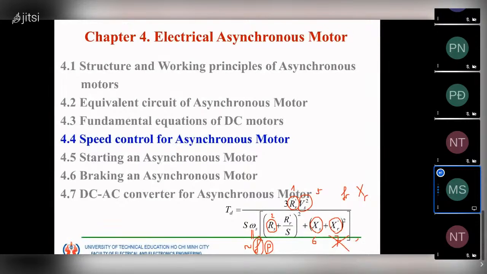So at the first time of change in speed, the rotor reactance is not a constant. So you cannot know exactly the new value for reactance connected to the rotor winding. So number 7 is not a speed control method.